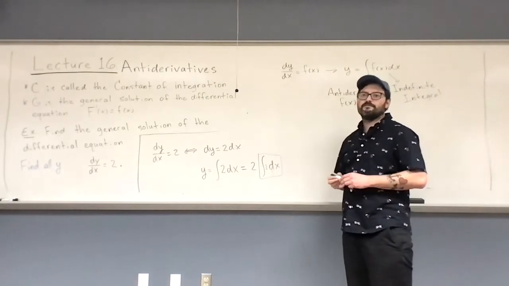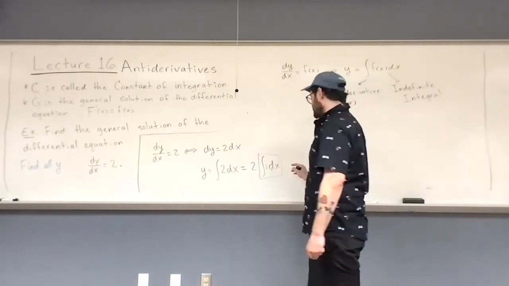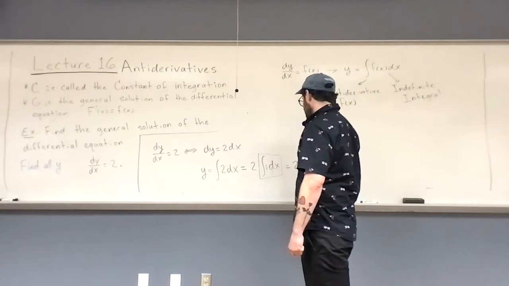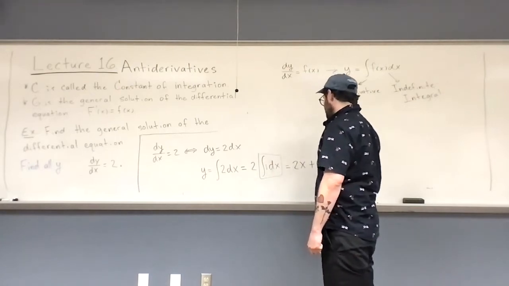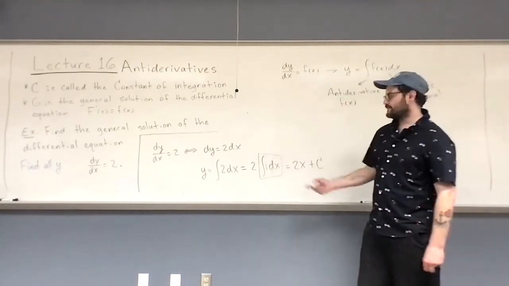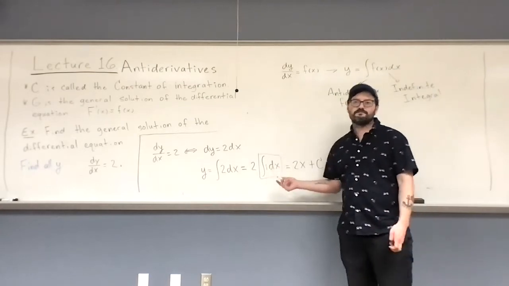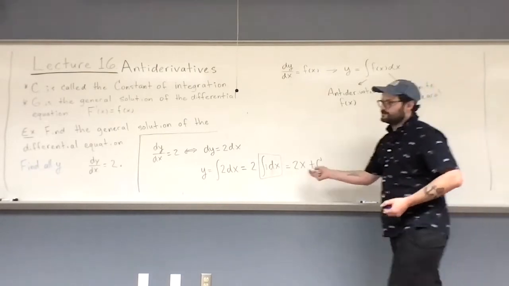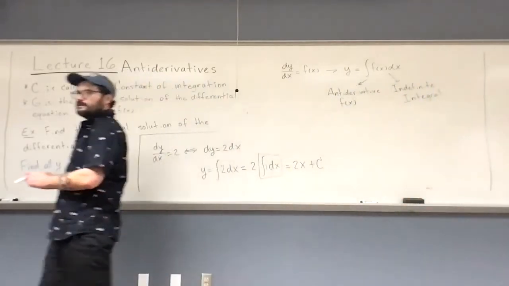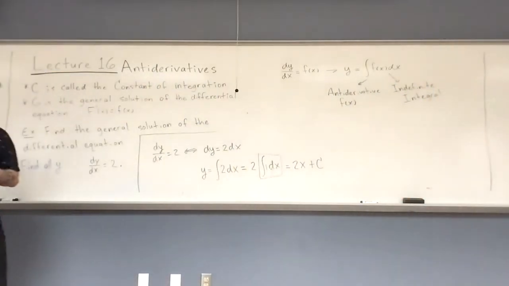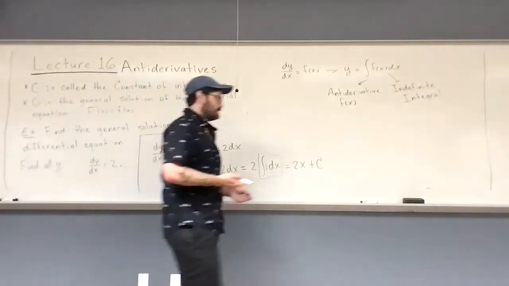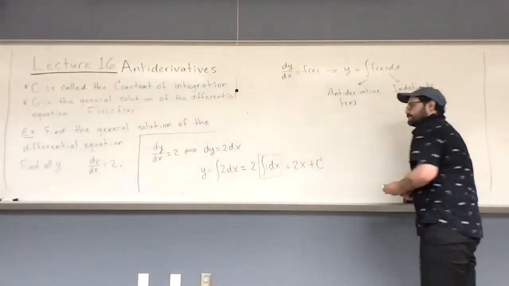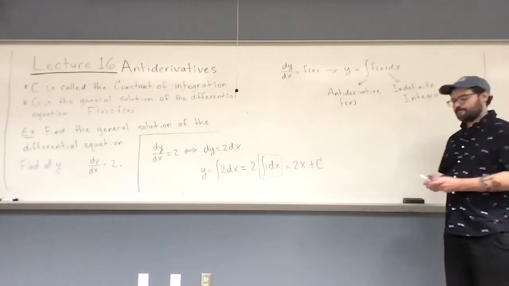It's just x, but you have to remember your constant c. It's x plus c, really. So this is the general solution of this equation, and there's a lot of notation going on, so you have to be careful. But the idea is really the same. We're just finding the antiderivatives.